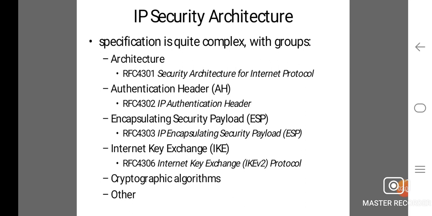ESP is the encapsulating security payload, RFC 4303, IP encapsulating security payload, and IKE is the internet key exchange, RFC 4306, the IKEv2 version 2 protocol. There are also cryptographic algorithms and other extra security architectures used to achieve IP security over the internet network.